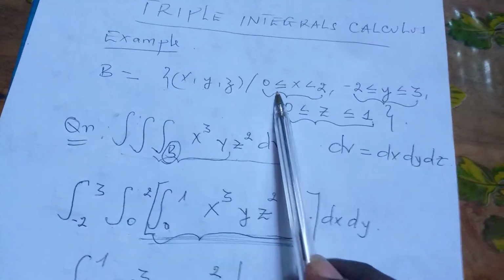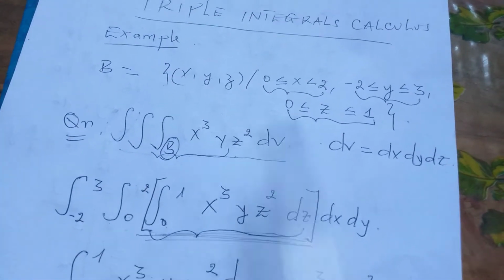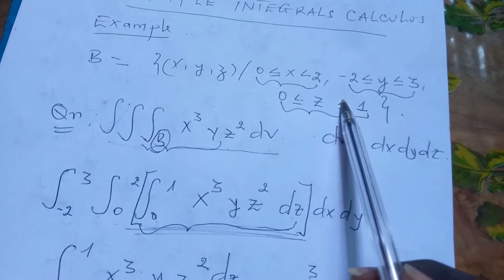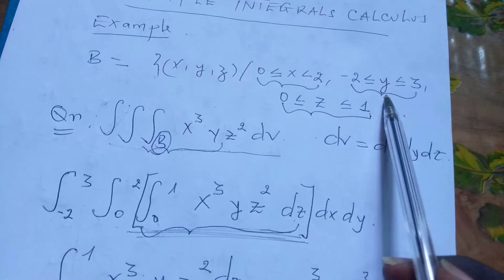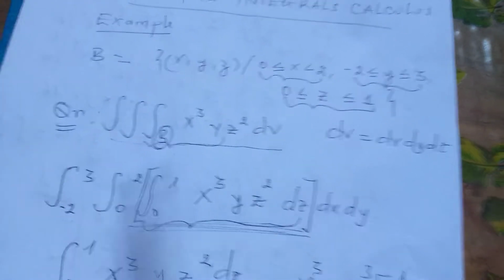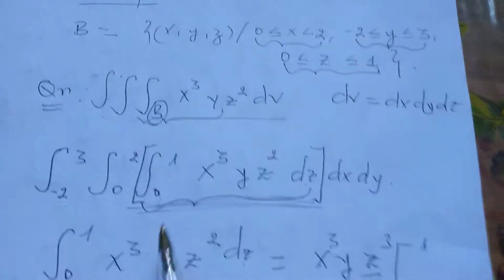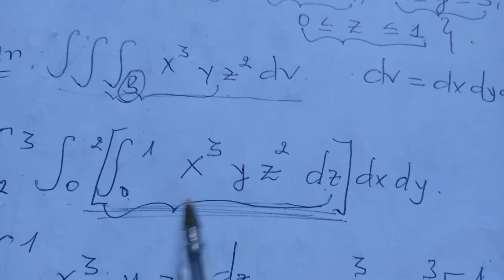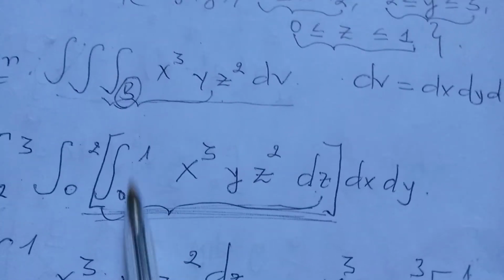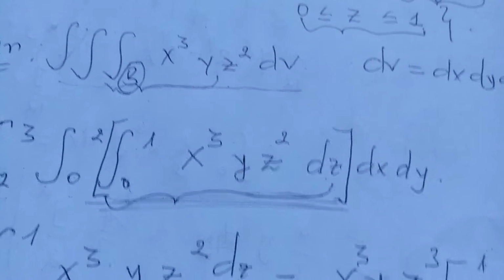You see, the interval 0 to 2 is for x, -2 ≤ y ≤ 3 is for y, and 0 ≤ z ≤ 1 is for z.